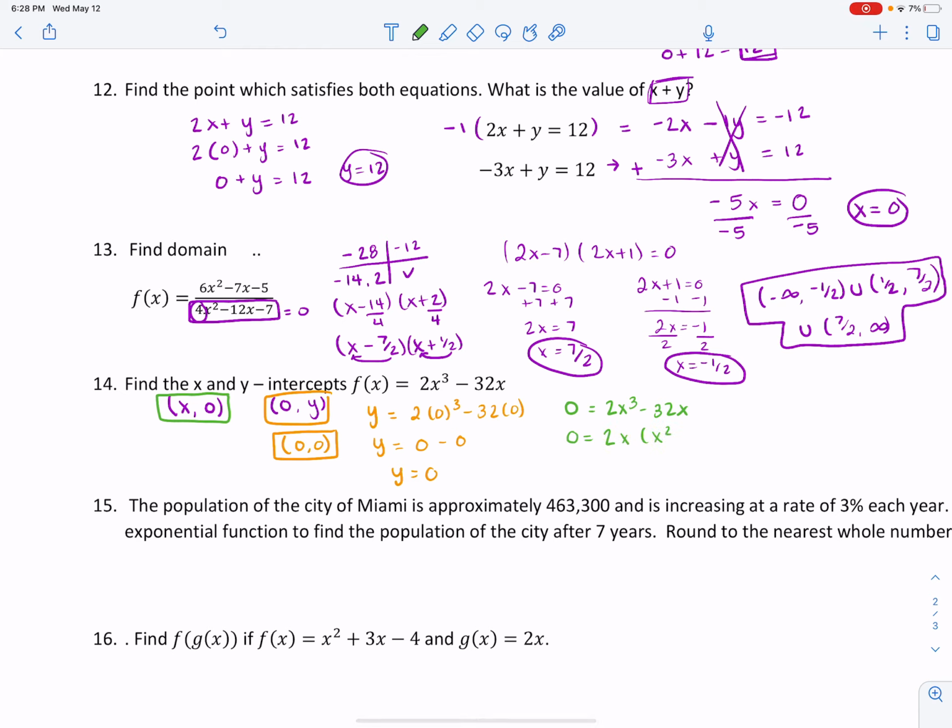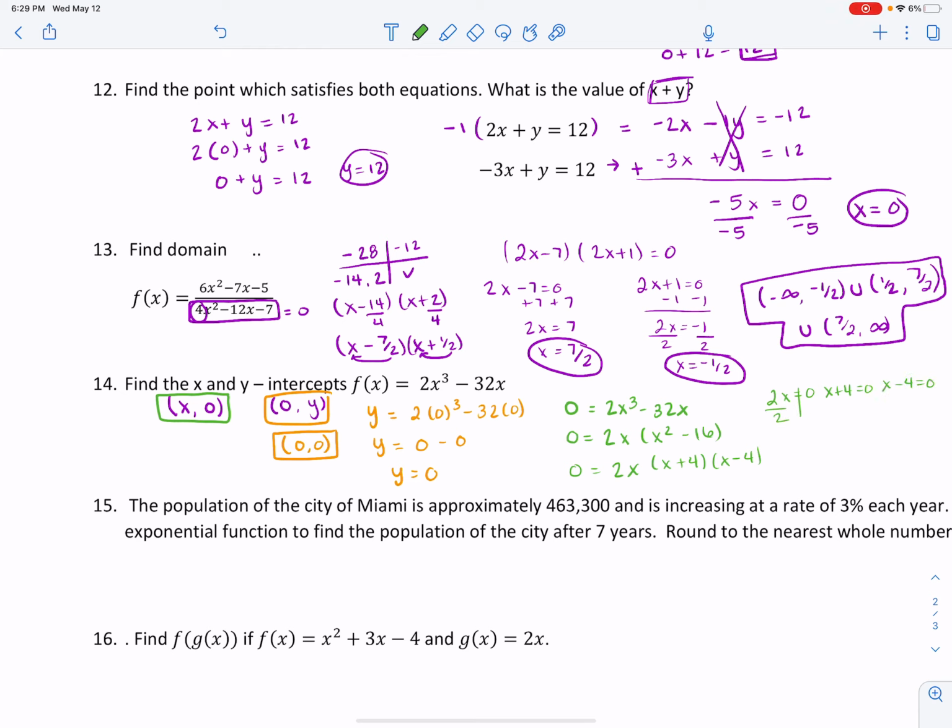I'm left with x squared minus 16. x squared minus 16 can be x plus 4 and x minus 4. So this equation actually has 3 x-intercepts. We're going to solve 2x equals 0, x plus 4 equals 0, and x minus 4 equals 0.